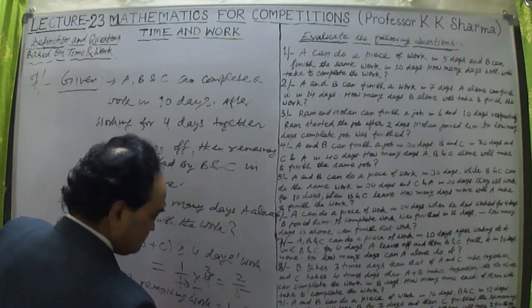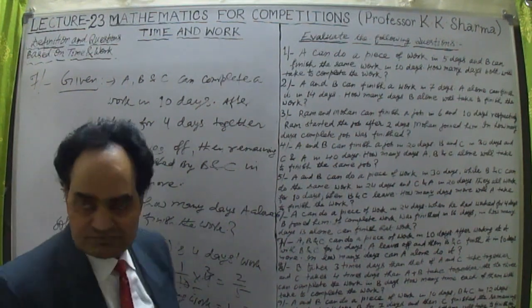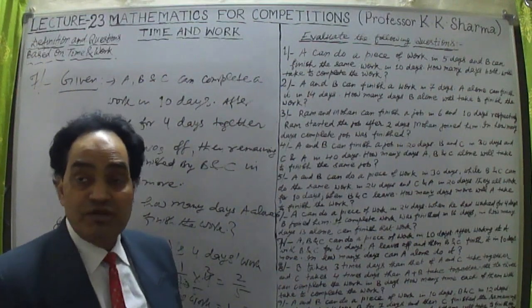Now this 3 by 5 work was completed in 10 days. What is the rate of work of B and C?